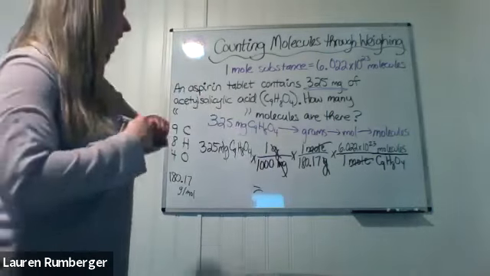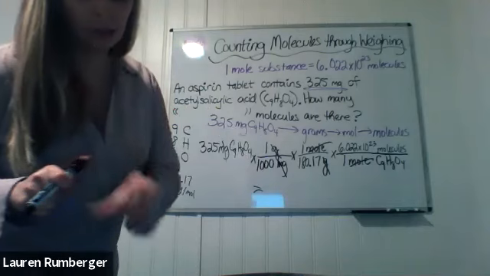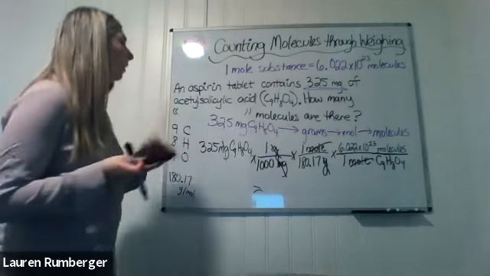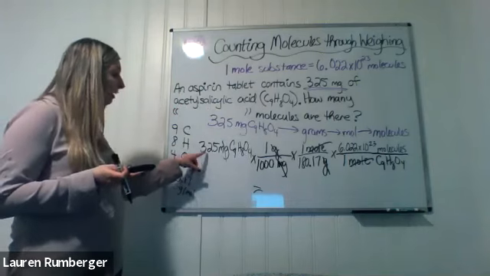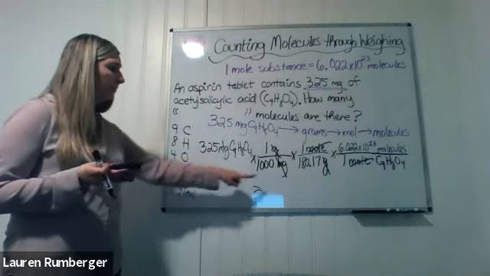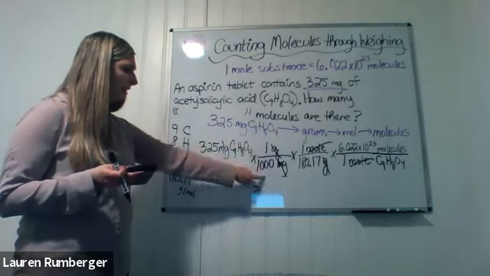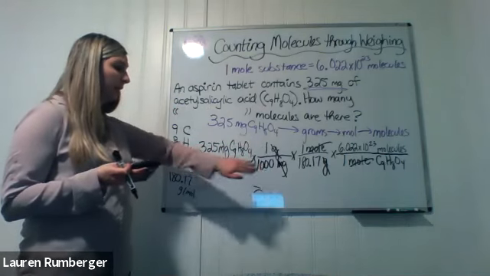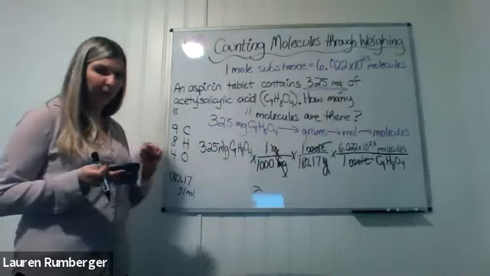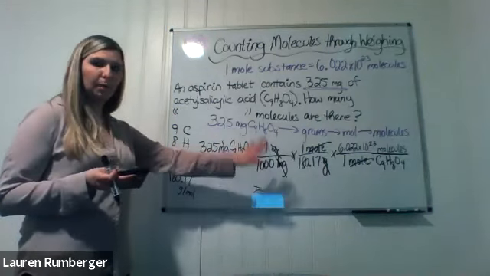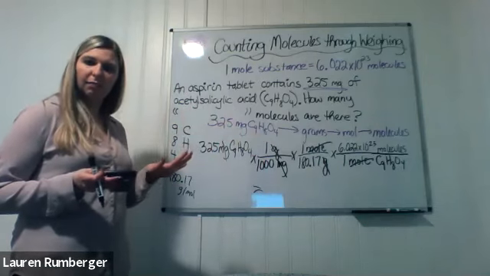The answer that you should get has a lot of digits, but I'm going to round. The least number of significant figures in my calculation is 3. Remember, this number is an exact number because it is a definition. There are 1,000 milligrams in 1 gram. For an exact number, you don't count significant figures.